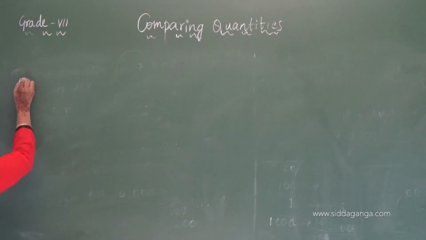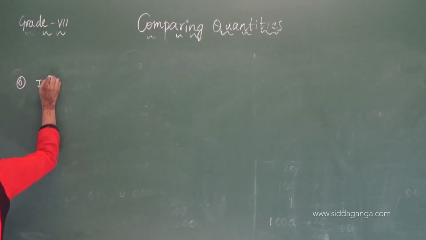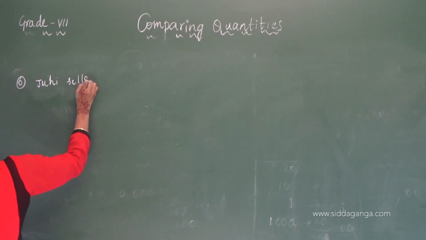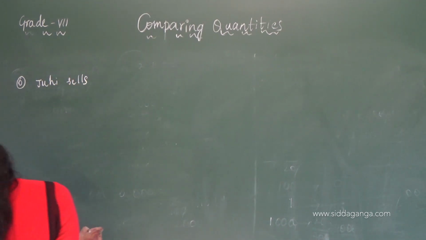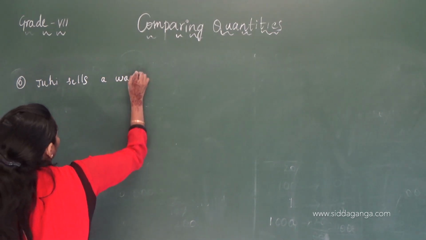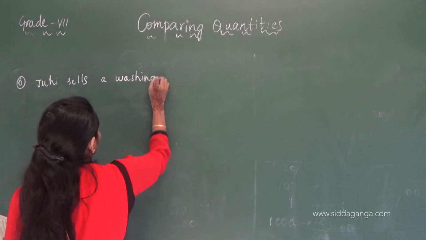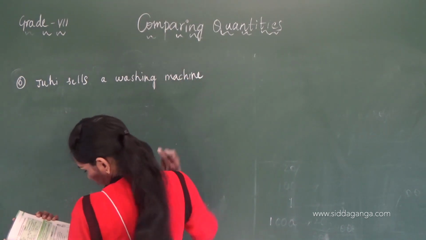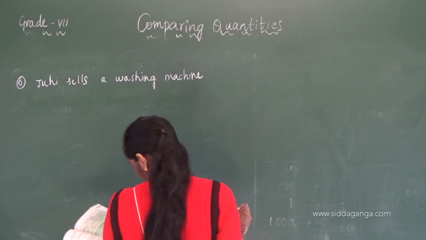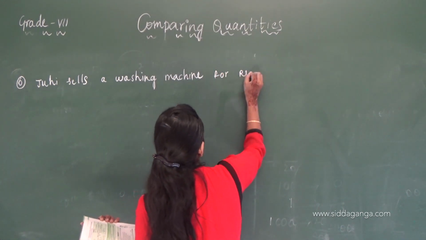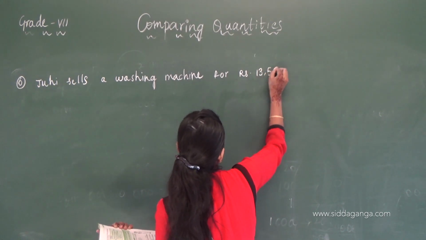Sixth one, Juhi sells a washing machine for rupees 13,500.